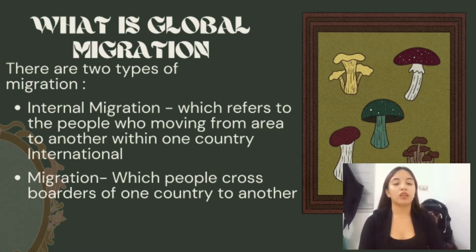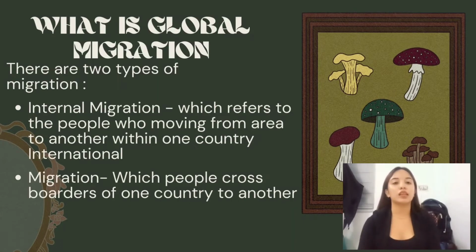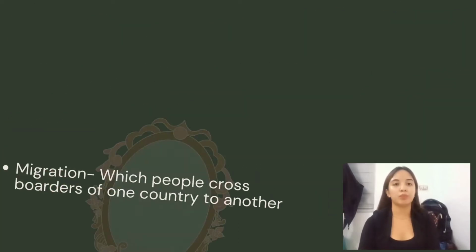That is called internal migration. International migration is when people cross the border from one country to another. For example, you live in the Philippines and then move to Canada. That is international migration.